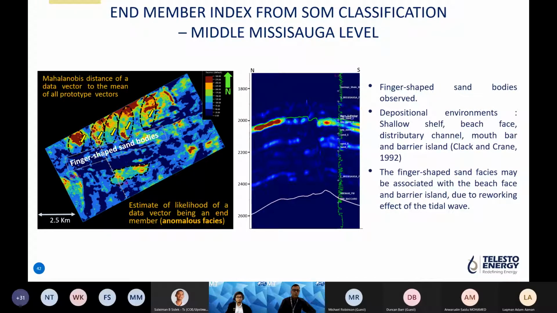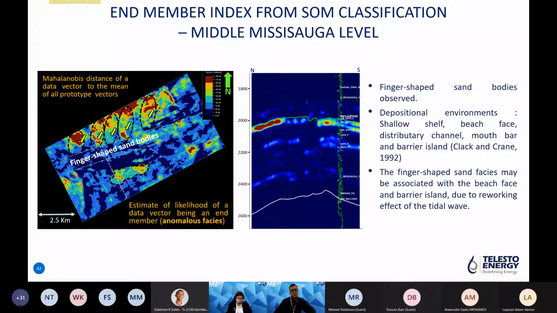This is at the Mississauga level. Again, what we can see here is the data vector. What is the possibility of this data vector being an edge member? That means this could be a different phases. So that is what we are trying to plot, and what we could see is finger-shaped sand bodies.